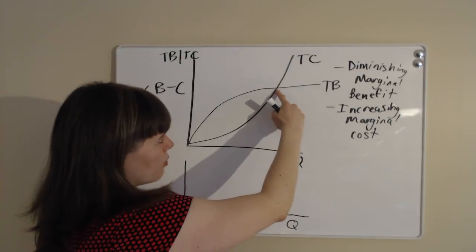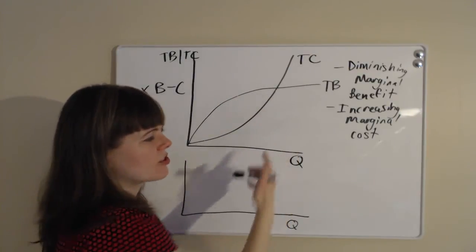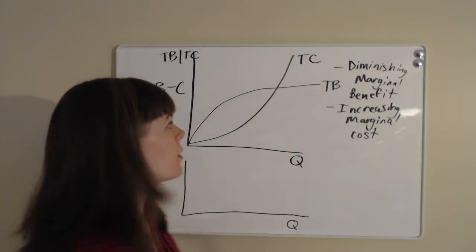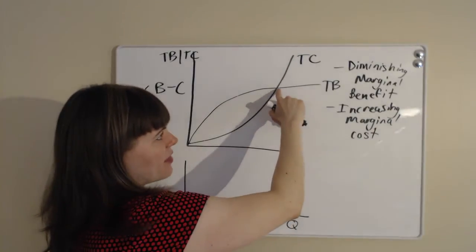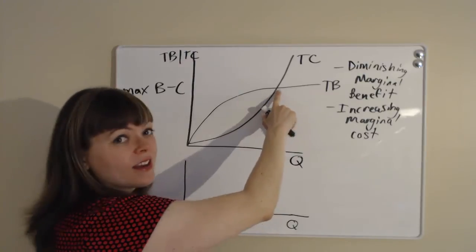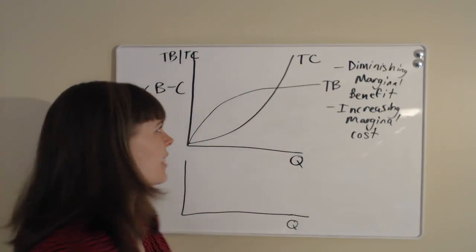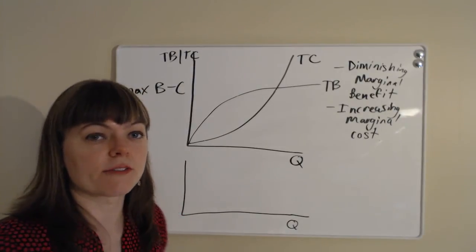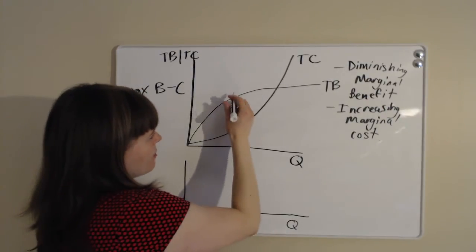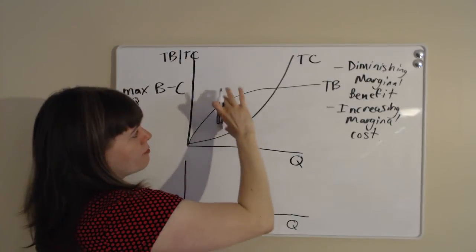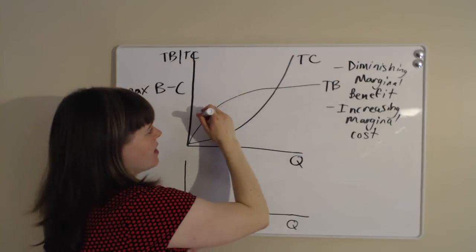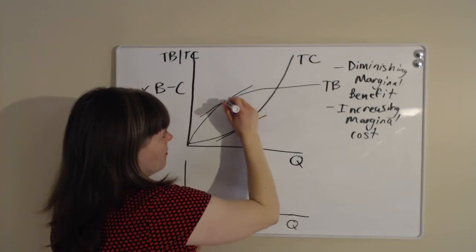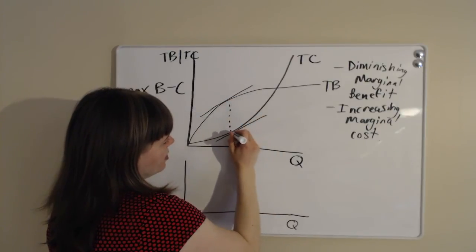Now at this point here, we might think that would be the point we should choose because it's where two curves cross, and sometimes in economics that's what we do. But that doesn't work here because at this point, benefit minus cost is equal to 0, and we don't want that. We would actually prefer benefit minus cost to be greater than 0. In fact, we want to maximize it. So the maximum point is going to happen where the bulge in between these is biggest, and that will happen where the points are tangent.